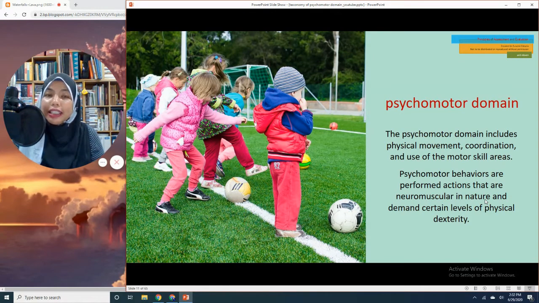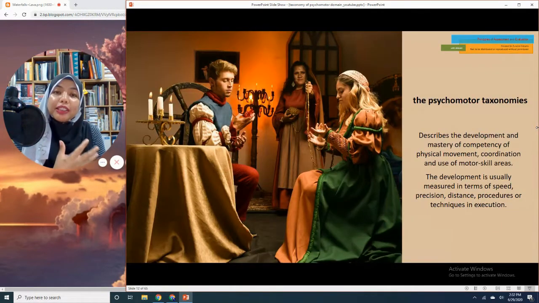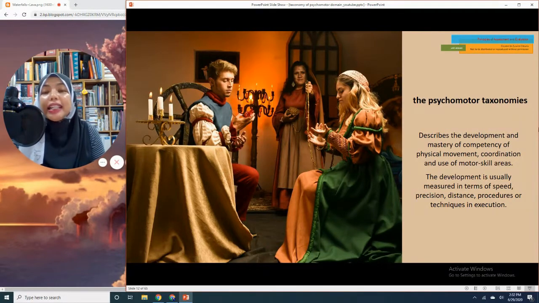So these are learning that involve these particular aspects: physical movement, coordination, and use of the motor skill. And when we talk about psychomotor taxonomies, these are taxonomies that describe the learning and development of the mastery or competency of the three areas which I have mentioned.